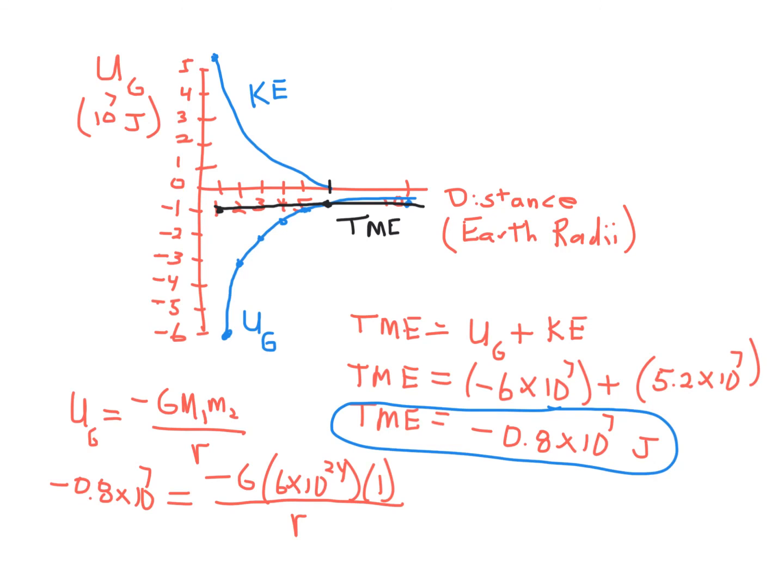Then that black line would be above the x-axis, and the object would never run out of speed. Once the potential energy got down to 0, then the rocket would maintain a constant velocity and a kinetic energy of that excess 2 times 10 to the 7th joules of kinetic energy.